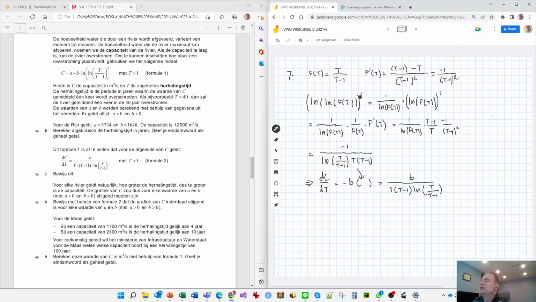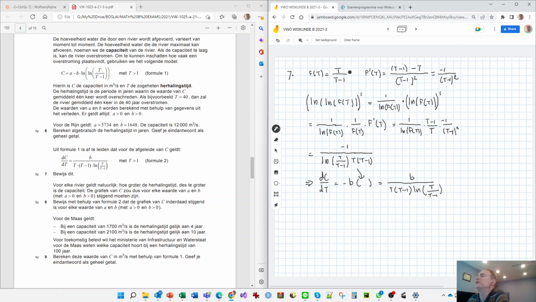So we want to calculate this derivative, the double log, but inside we have this T divided by T minus 1, which just temporarily call f here, because from the chain rule you need to know its derivative.